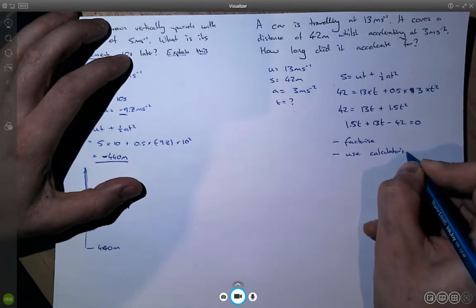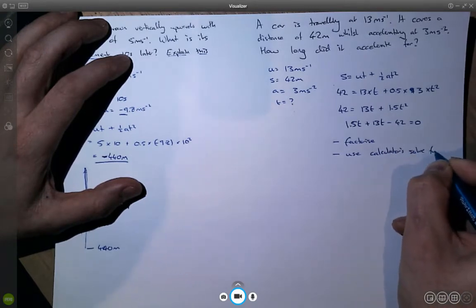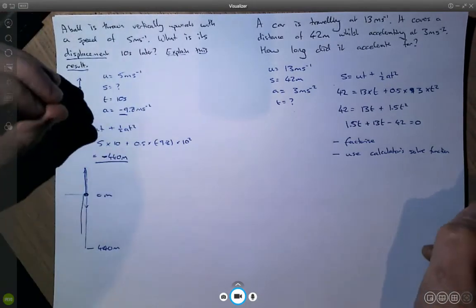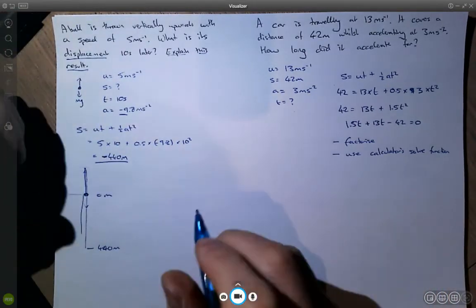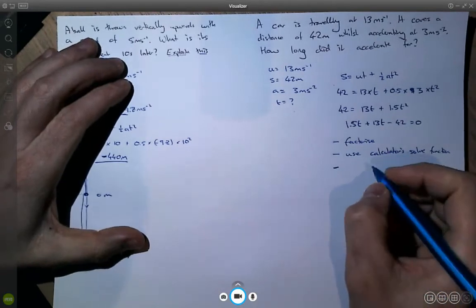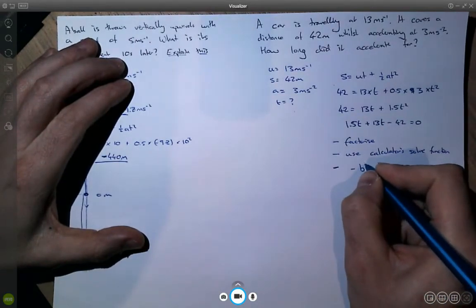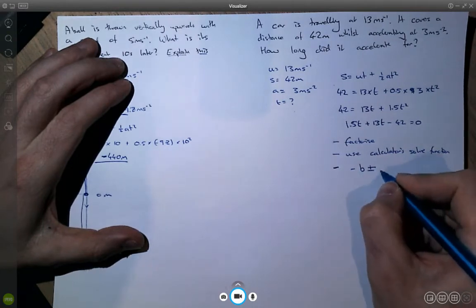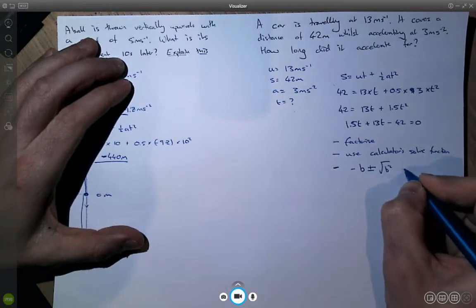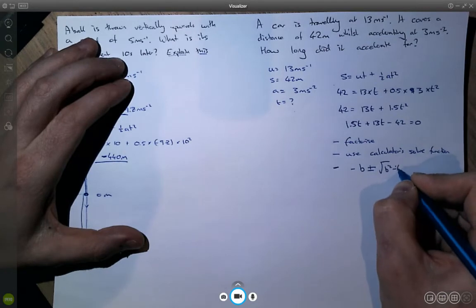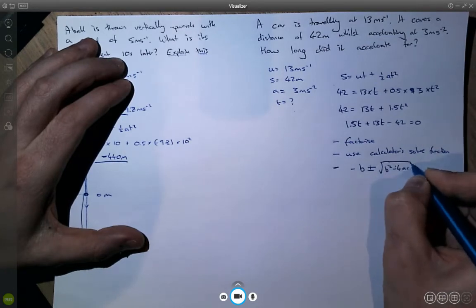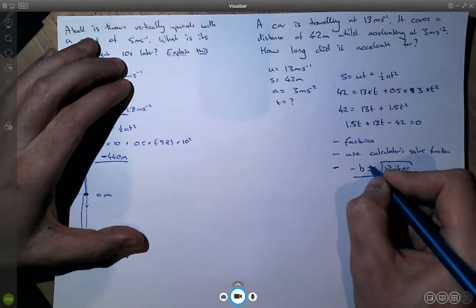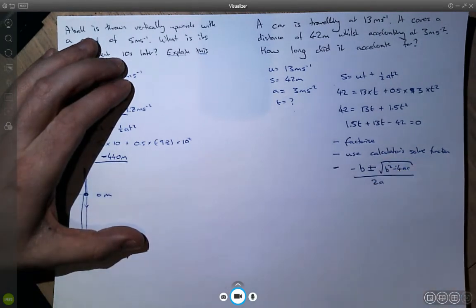to solve it. Now, my calculator doesn't have a quadratic solving function on it, so I can't show you that on this video. So we're going to have to use the trusty quadratic solver equation, which you will all know and love from GCSE, which is, of course, this equation here.